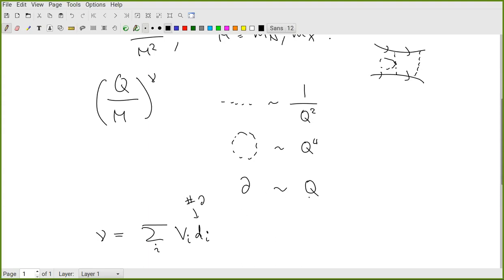Each one contributes a factor Q. Then each pion propagator gives a factor Q^-2. So -2 I, where I is just internal lines. And for now, let's just look at only pions, only pion diagrams. And then each loop integration gives a factor Q^4. So we get this formula.